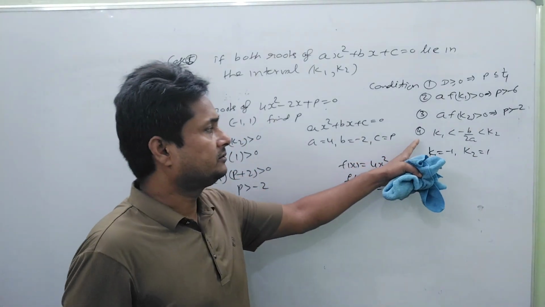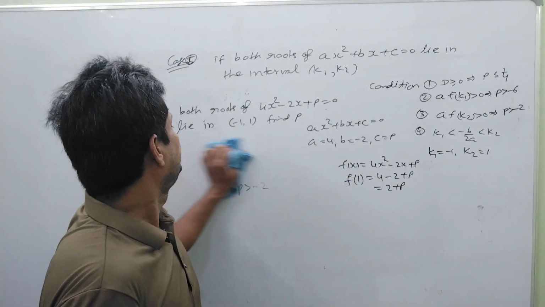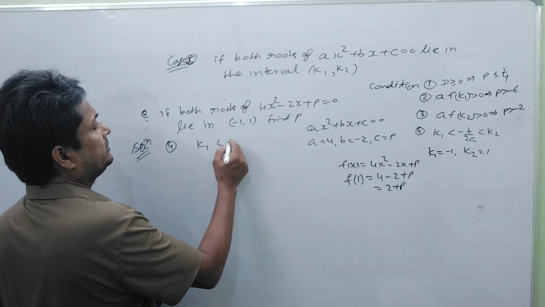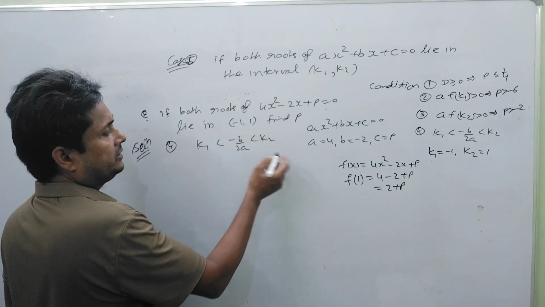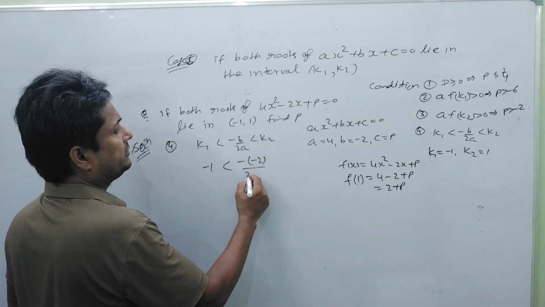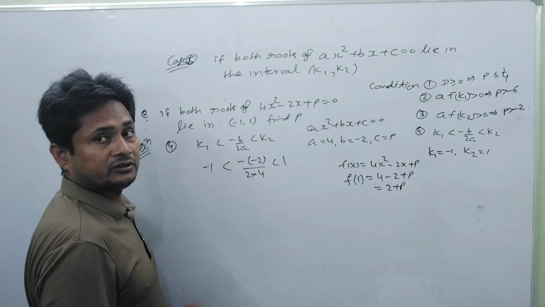Next one is case number 4. What is case number 4? Case number 4 is k1 is less than minus b by twice a, which is less than k2. K1 is minus 1, less than minus of b, which is minus 2, divided by 2 into 4, less than k2, which is 1.